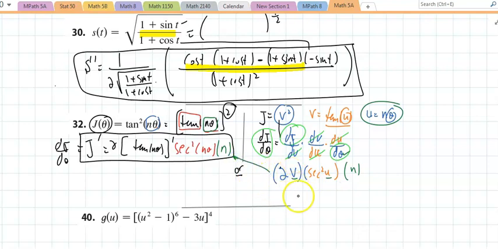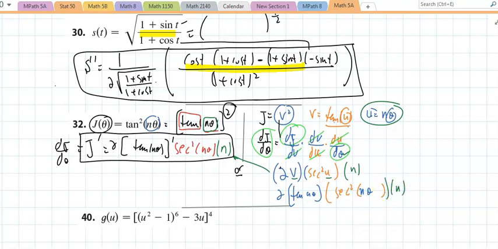That would be twice v, where v would be the tangent of u, but u is n theta, and that's being multiplied by the secant squared of u. And what was u again? U was n theta again, and multiplying that by n.